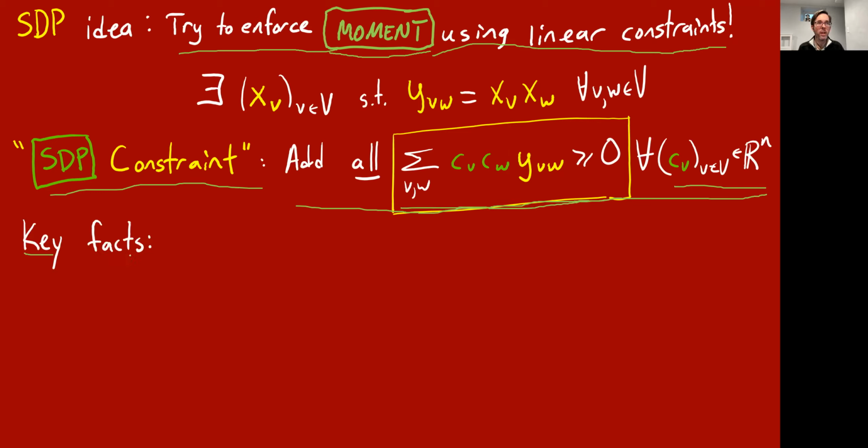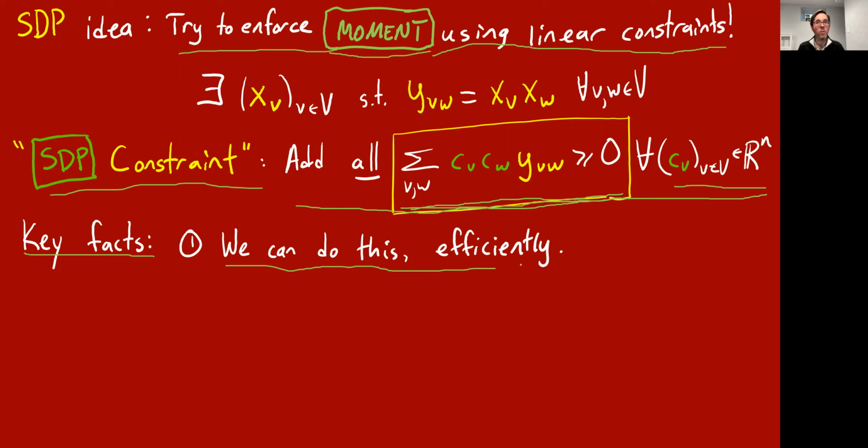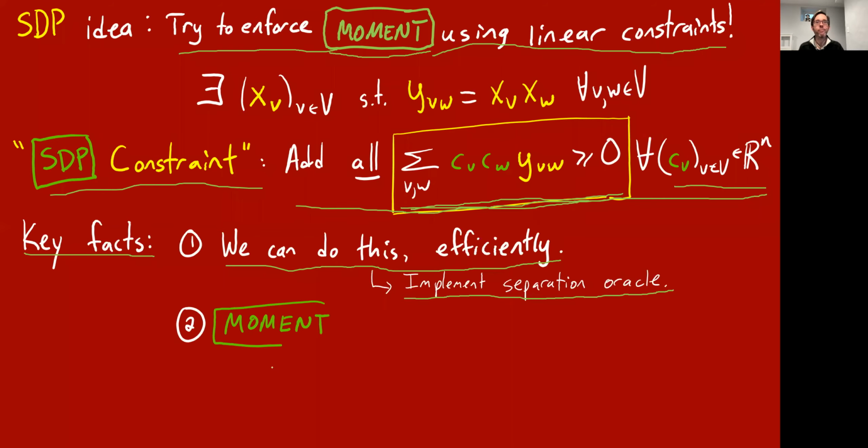So just to repeat, here are the key facts. The main key fact is that if an algorithm imagines the original LP together with these infinitely many constraints, we can actually solve this LP efficiently. And the reason is we're going to be able to implement the associated separation oracle. I'll remind you what that means shortly, but that's what's going to happen.